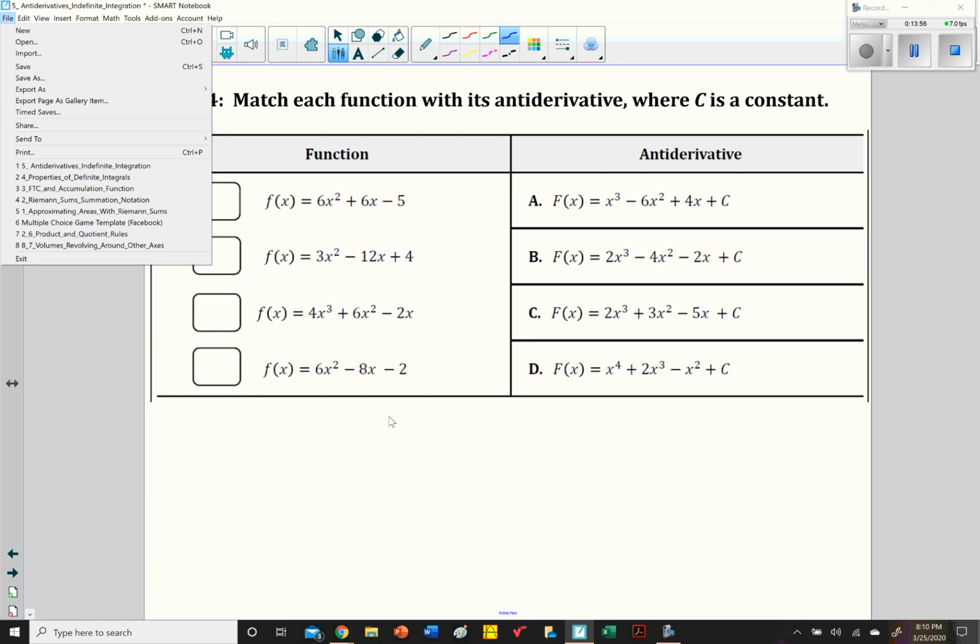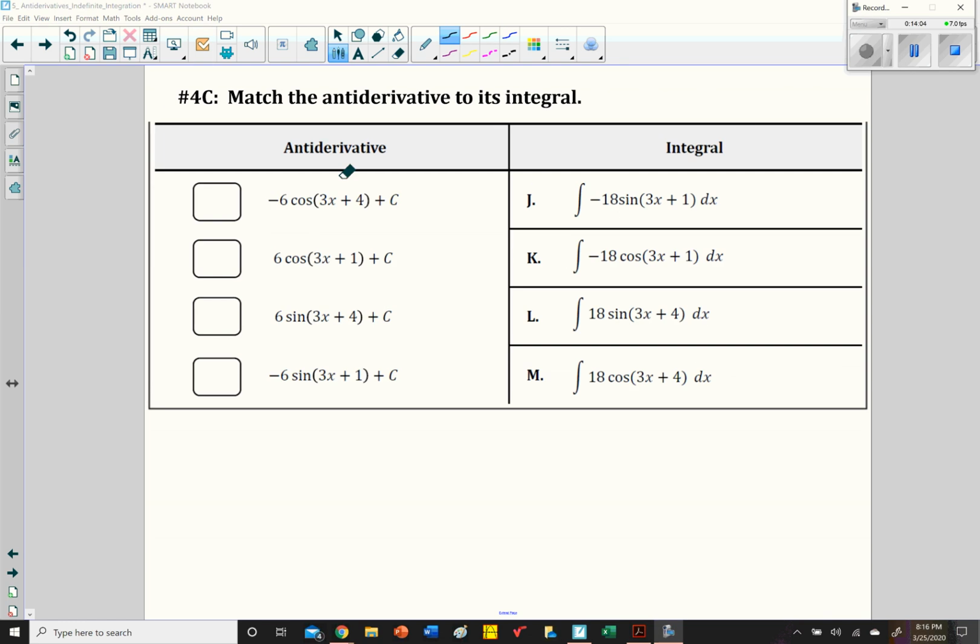Let's try a few of these. Okay, yes, I was thinking of it the right way. So if I take the derivative of cosine, we have negative sine.